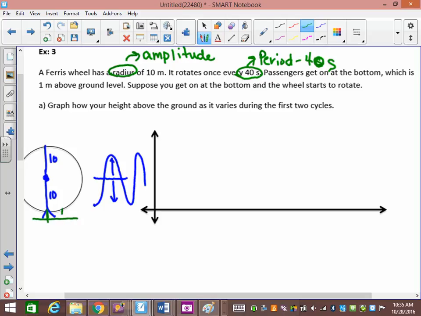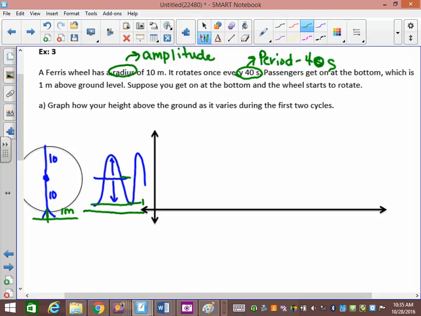So this here is 1 meter. So how could I find my midline? Anyone know? Yeah. Add the amplitude to the little base part. 10 plus 1 is 11. Because this here is at 1, right?